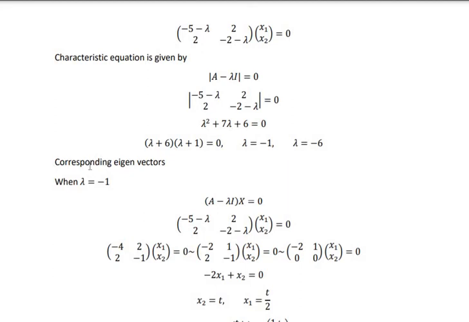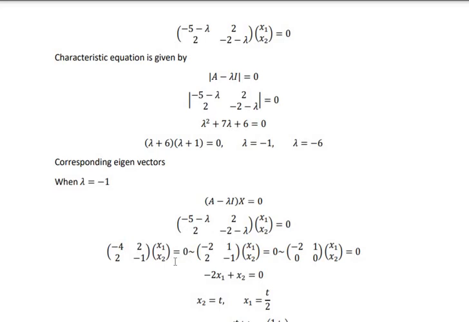Now we can find the corresponding eigenvectors. When lambda is equal to minus 1, we can write (A minus lambda I) times X is equal to 0. What is A minus lambda I? We have minus 5 minus lambda, 2, 2, minus 2 minus lambda, and the unknowns are x1, x2.